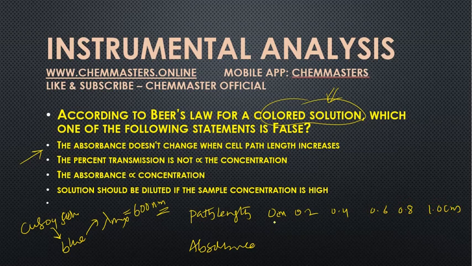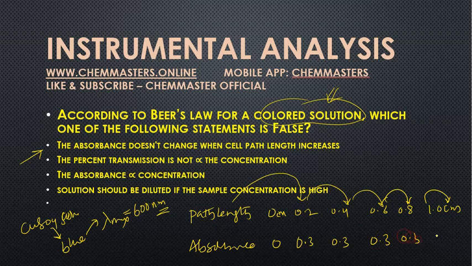Now at 0, the absorbance is 0. At 0.2 centimeter path length, that means after entering the incident radiation, till 0.2 centimeter distance, it will show 0.3 absorbance. Now, by increasing the path length to 0.4, it is 0.3. It continues till 1 centimeter path length.